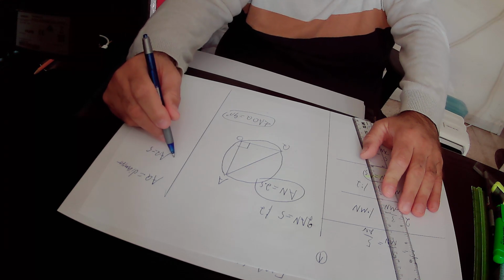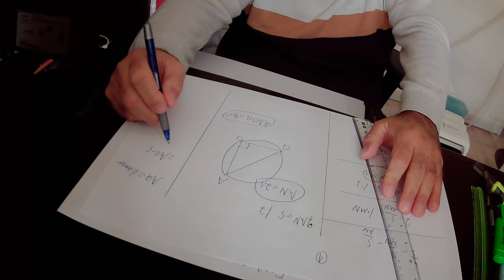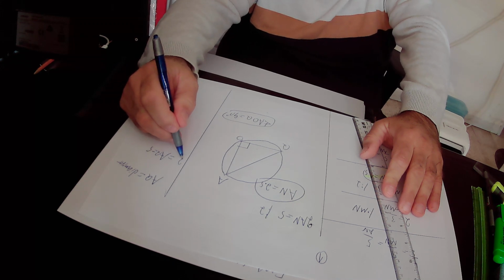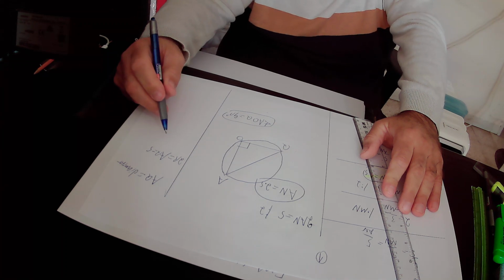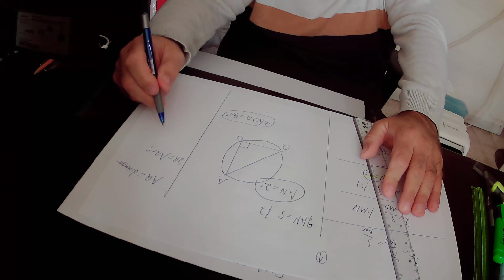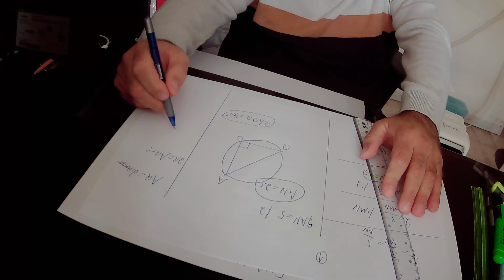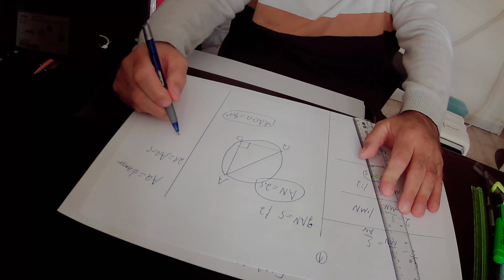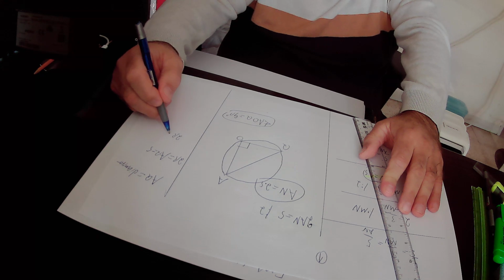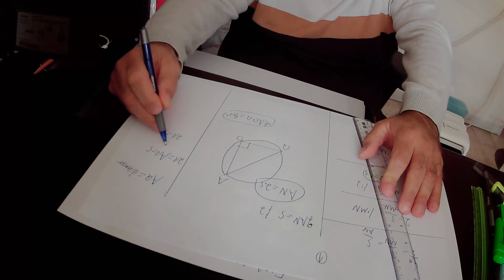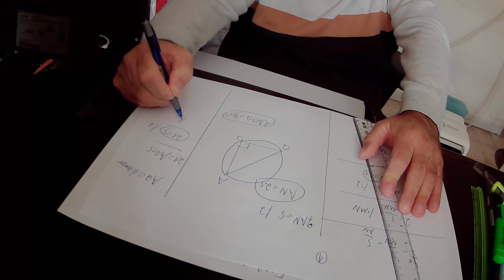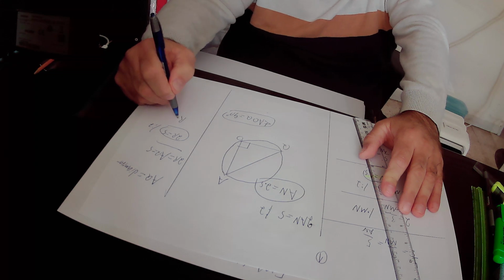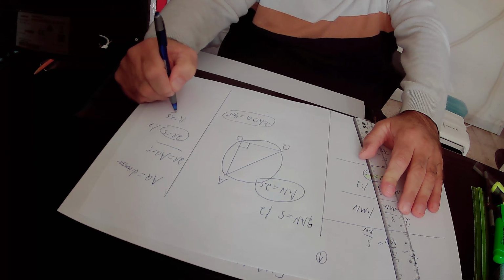AQ is also the diameter, and the diameter of any circle is 2 times the radius, so it is 2r. From this equation, we conclude that 2 times r equals 5. We divide this equation by 2, and we get finally that the radius of this circle equals 2.5 units in its length.